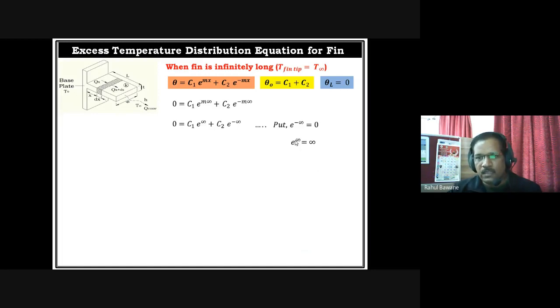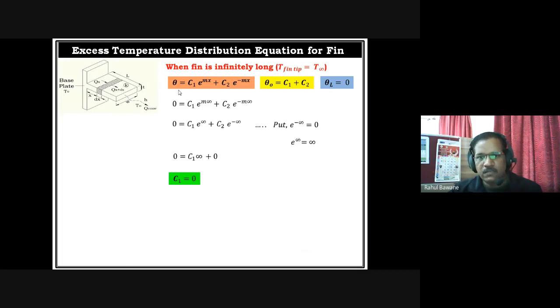And if it is a positive e raised to the power infinity, then the overall value becomes infinity. So we are putting e raised to the power minus infinity equal to 0 and e raised to the power plus infinity equal to infinity. So our equation becomes C1 infinity plus 0. Now if I shift this infinity to the other side, it becomes C1 equals 0.